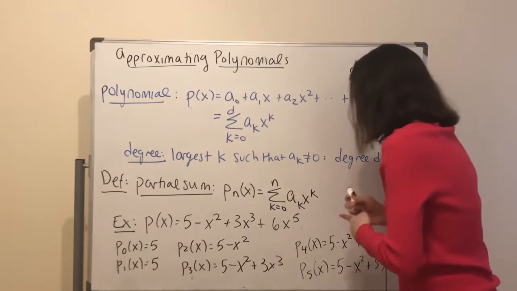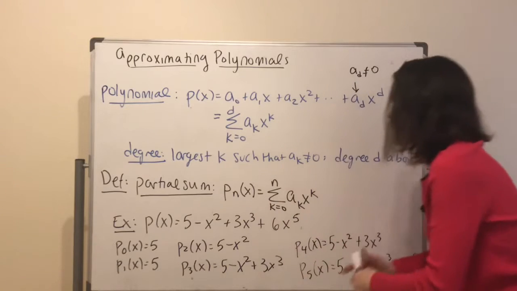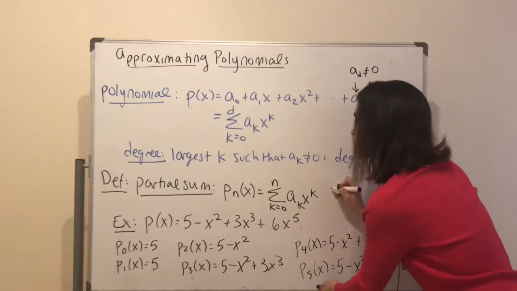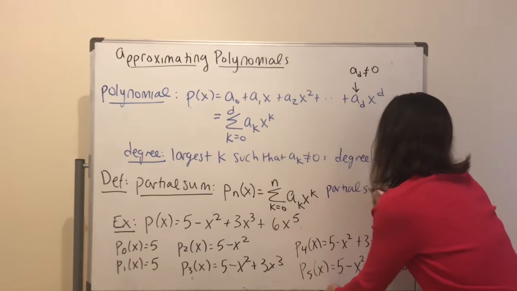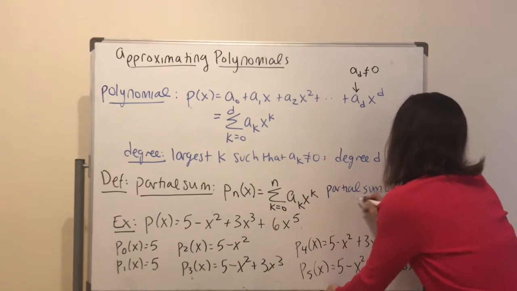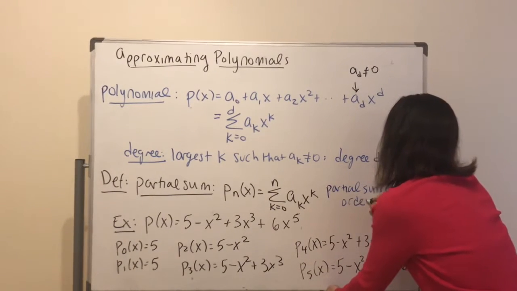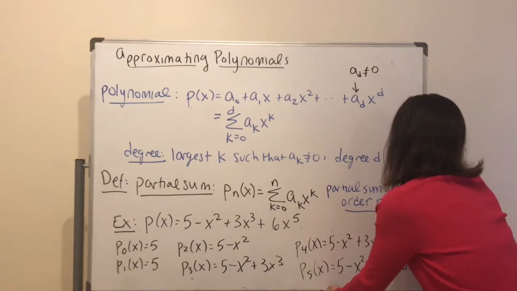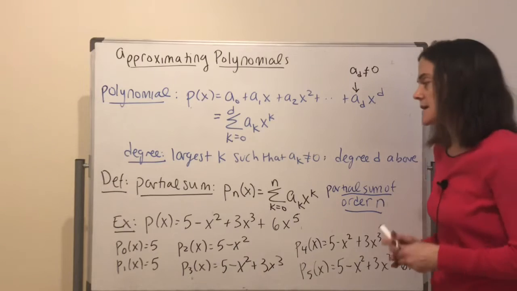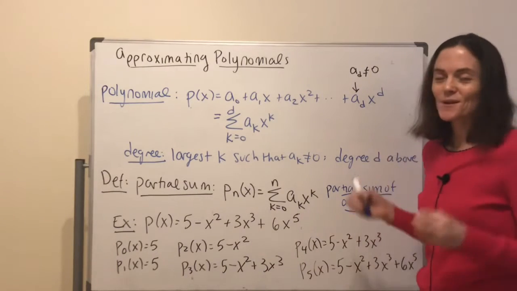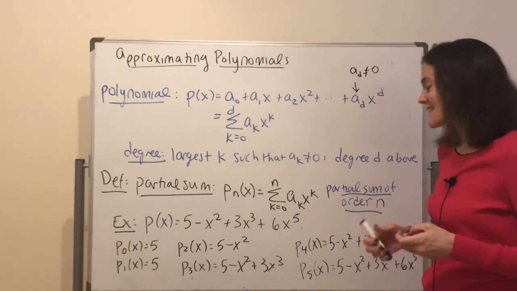Now let me add this to the definition, what I was just saying. This is the partial sum of order n, or you might say the nth order partial sum is here. You add up all the terms up to degree n, like this.